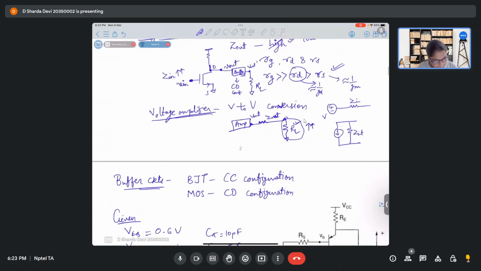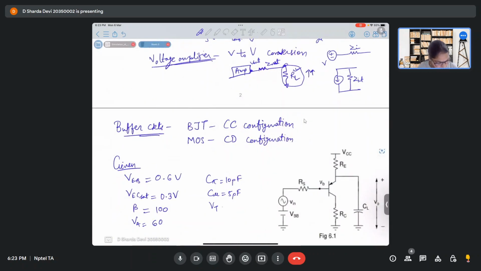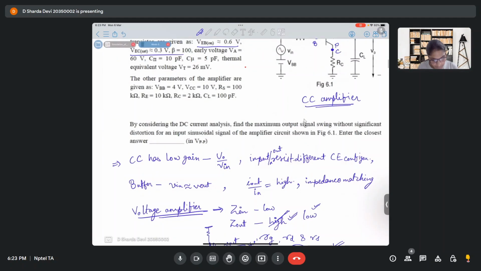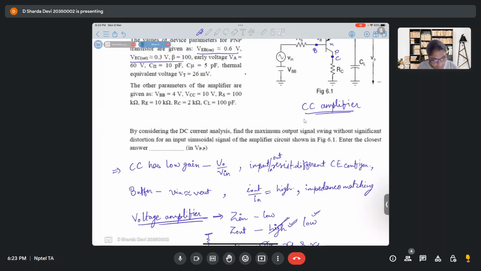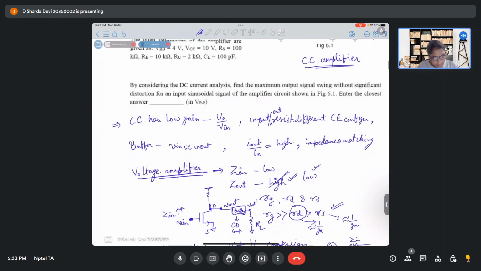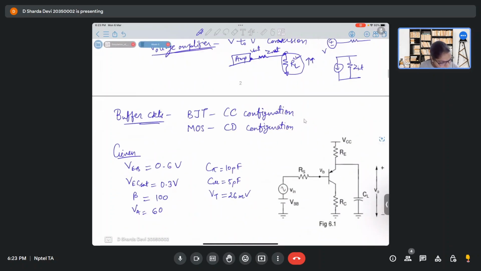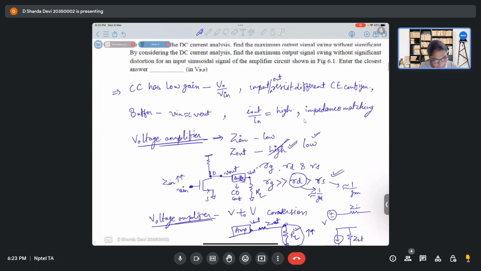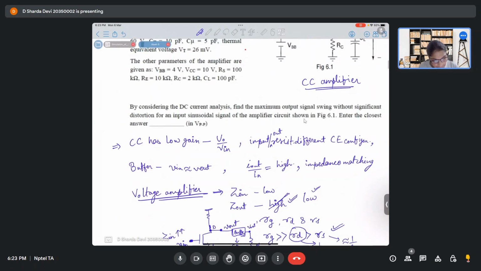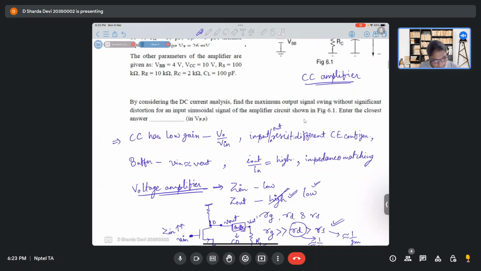Put it 26 milli. VBB 4 volts, VCC 10 volts. RS 100K.